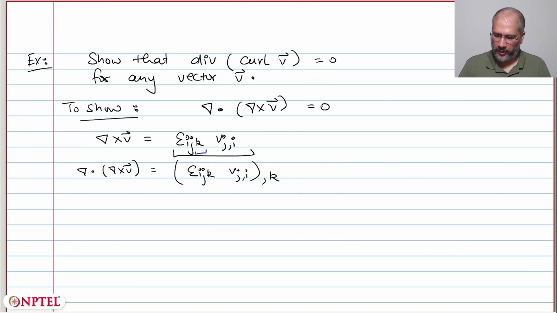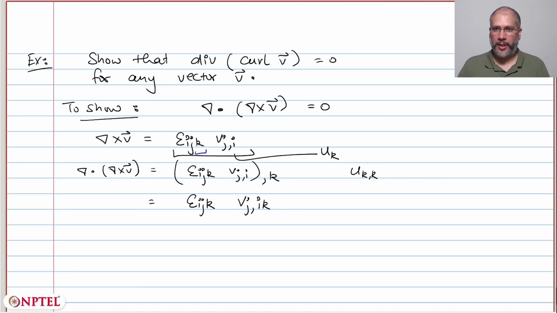Because if this whole thing was written as a vector uk, then the divergence would be uk comma k. So let's expand this. Epsilon is simply a number, because it can either be a 1 or a -1 or a 0. So it's a constant for the purposes of taking a derivative. So it can be taken out, and this becomes vj comma ik.